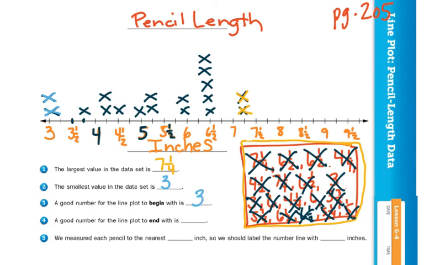But in this case, after I change those numbers, we're going to call that 3. But you have to carefully look. See, even I make mistakes when I work too quickly. A good number for the line plot to end with would be probably 8. We have a 7 and 1/4 here, so we'd probably want to go to the next whole number. We measured each pencil to the nearest 1/4 of an inch, so we should label the number line with 1/4 inches. And that's exactly what we did.